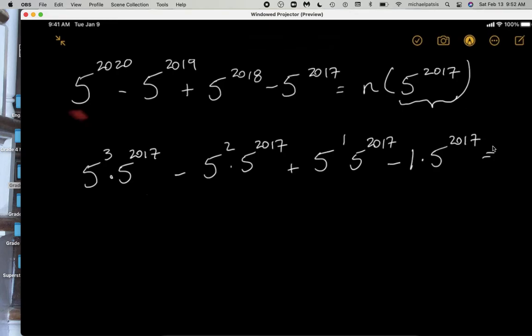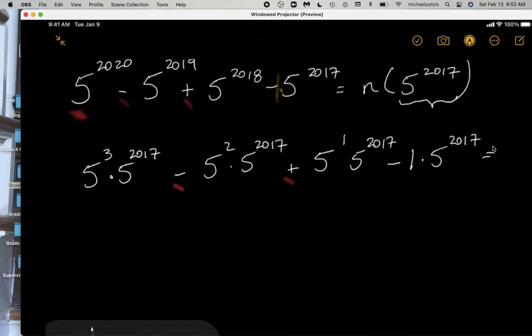Okay, we checked that we got the correct sign, which is minus. Next, 2 plus 17 is 19, correct. We check the next sign, it's plus, correct. 1 plus 2017 is 2018, that's correct. Our next sign is correct. And here, there's only a hidden 1 in front of the 5 to the 2017, so we are good to go.